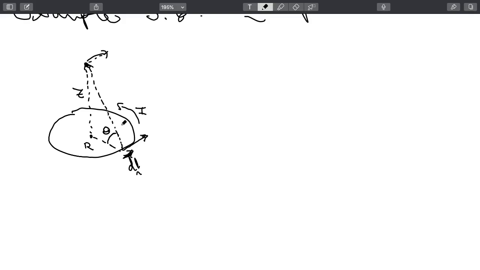So that's the angle here. The projection, let's see, how do I want to do this to make it clear?